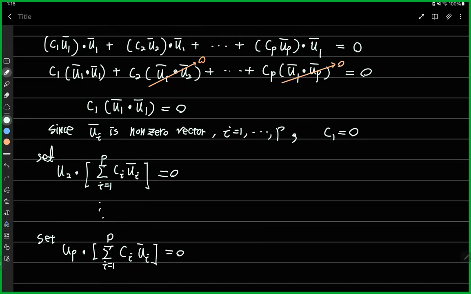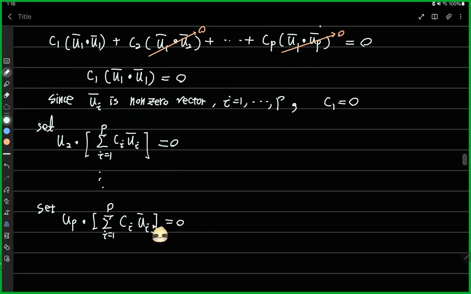By solving these equations, similarly, we get C2 must be 0, through CP equals 0. So the proof of the first statement is done.